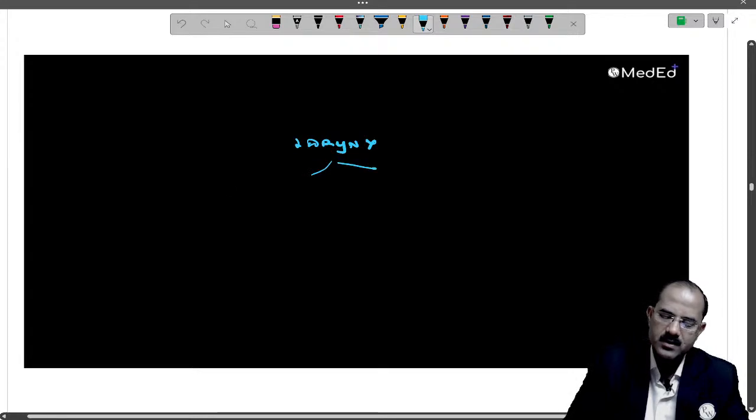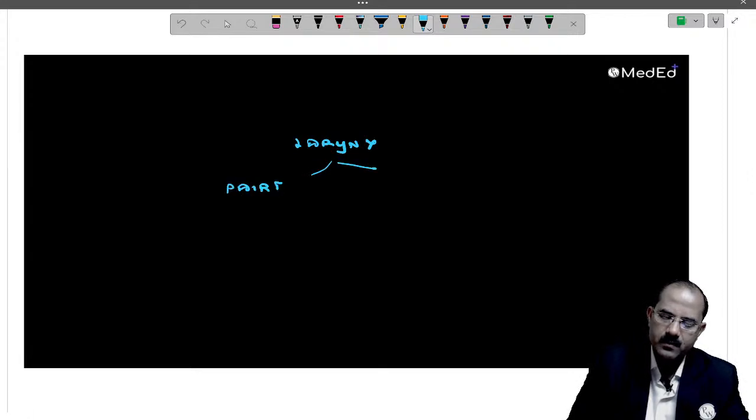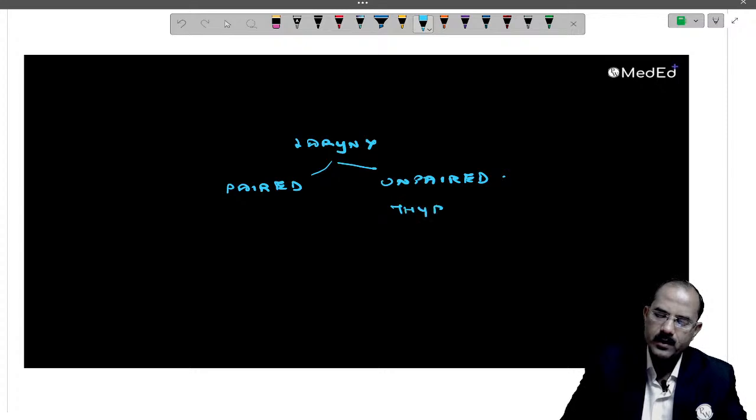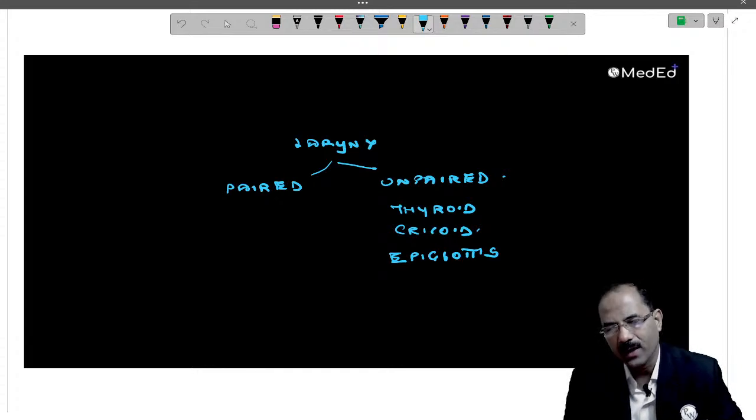Larynx, the cartilages are paired and unpaired. Who's unpaired? Thyroid cartilage, cricoid cartilage, epiglottis. Thyroid, cricoid, and epiglottis.